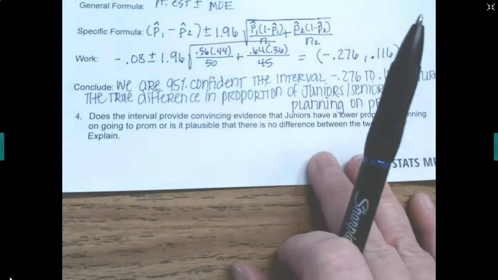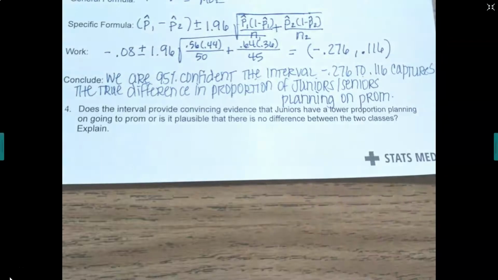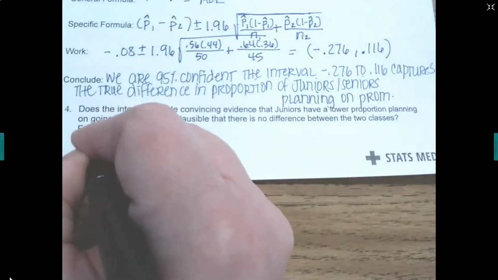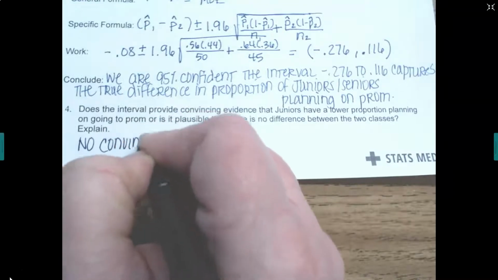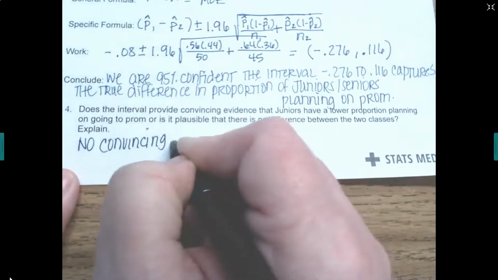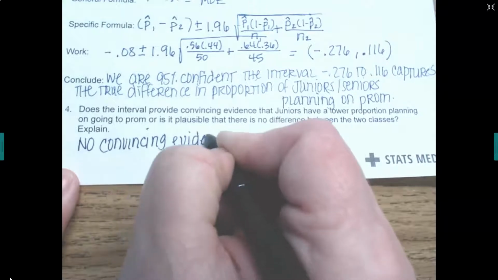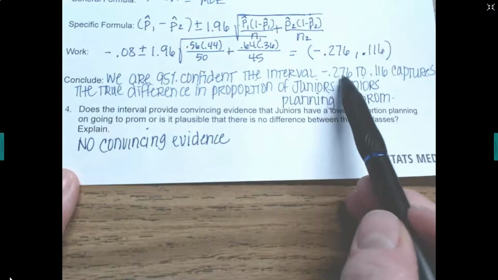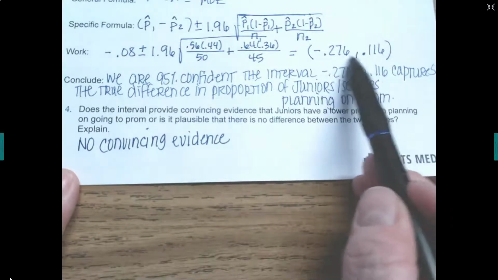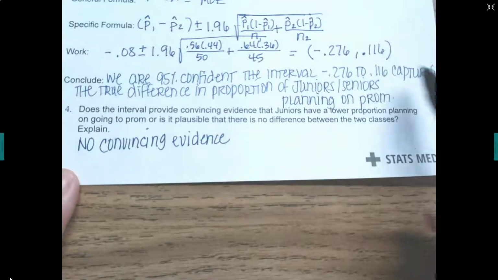Now, question 4: does the interval provide convincing evidence that juniors have a lower proportion planning on going to prom? I'm going to tell you it does not, and here is why. No convincing evidence. If you look at our interval, 0 is in this interval because we go from negative to positive.